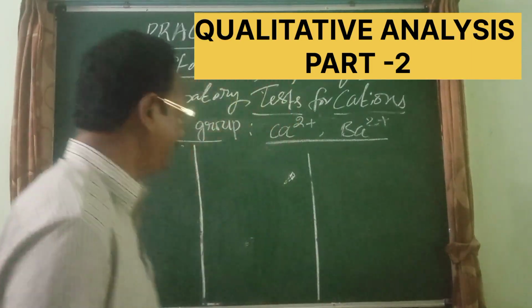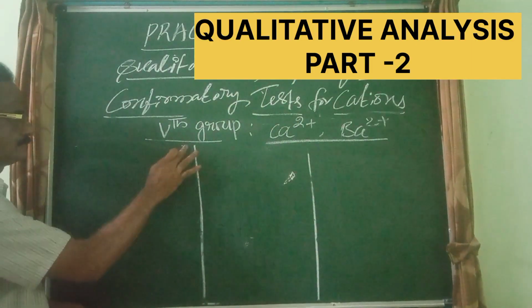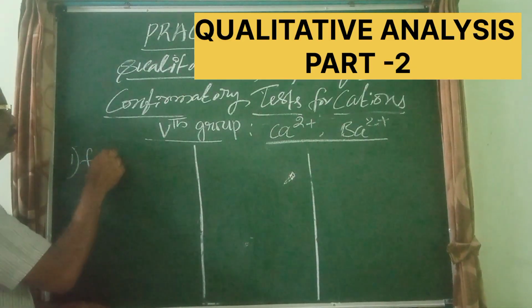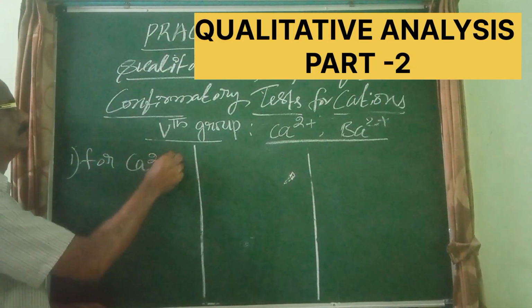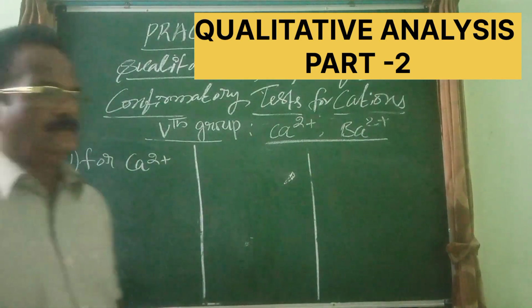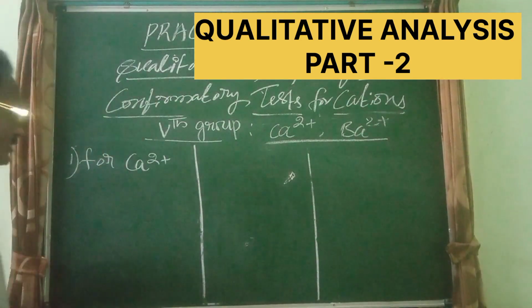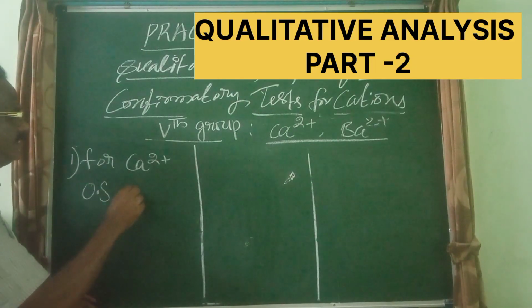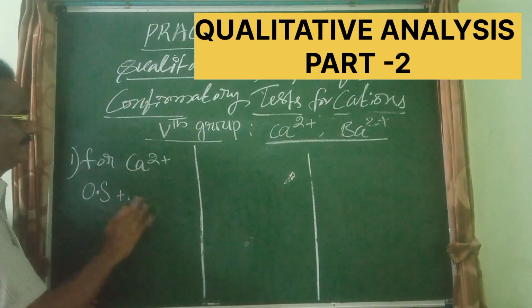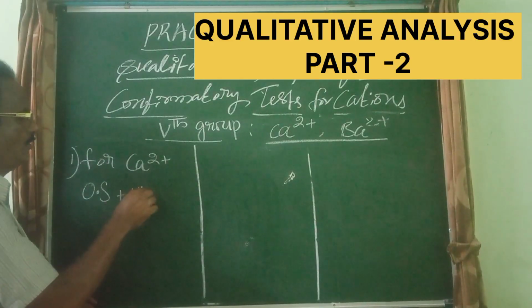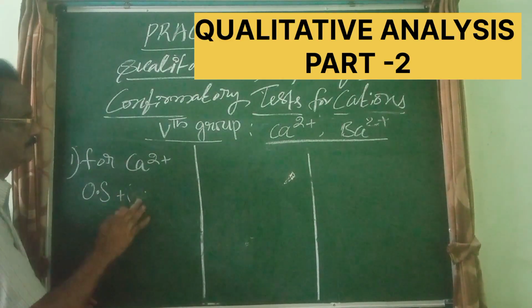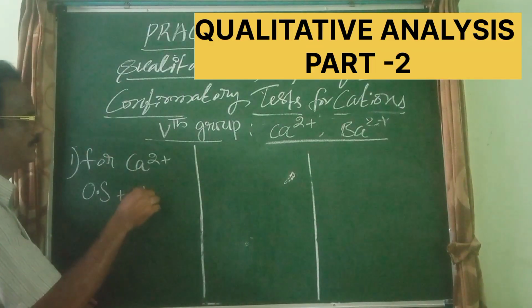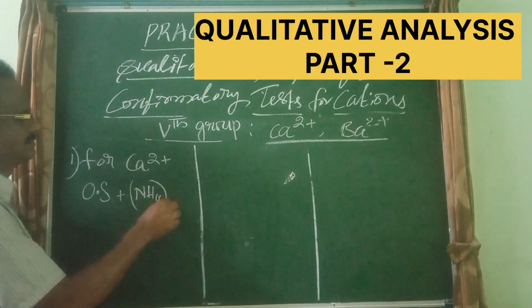Okay, see here. For confirmation of Ca2+, the original solution is added with ammonium oxalate. I will write the formula here. Ammonium oxalate.